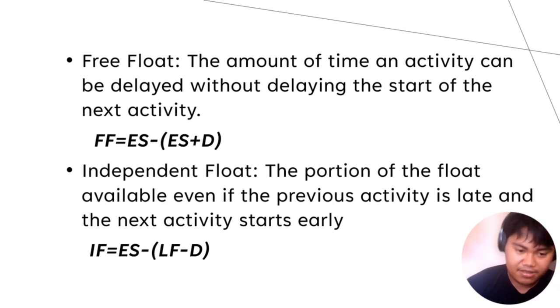And independent float: the portion of the float available even if the previous activity is late and the next activity starts early. Here's the formula: IF is equal to ES minus (LF minus D).